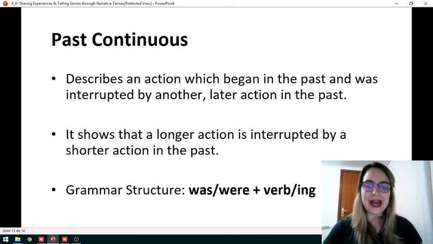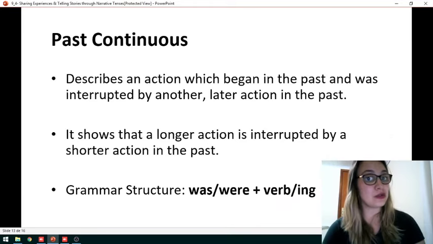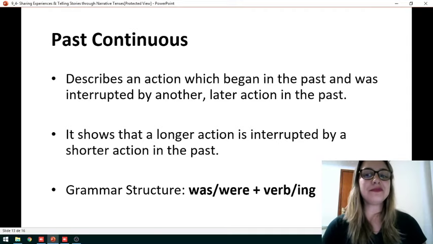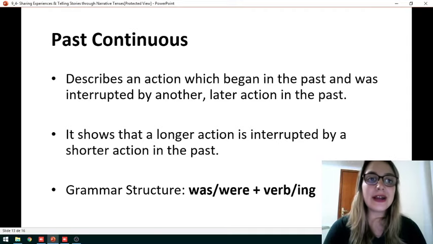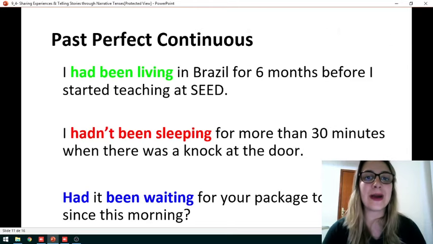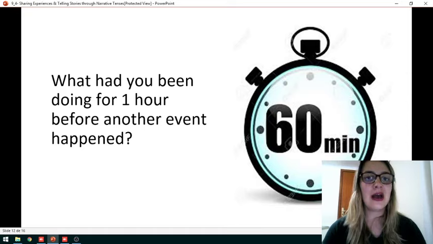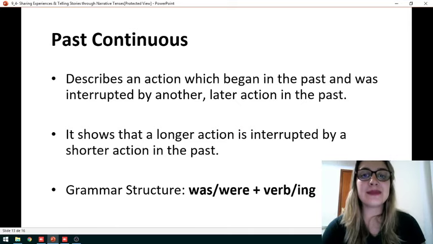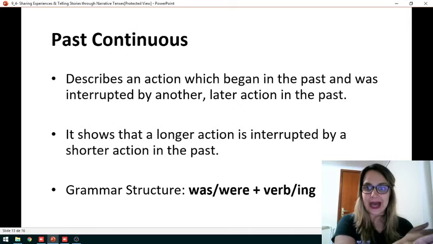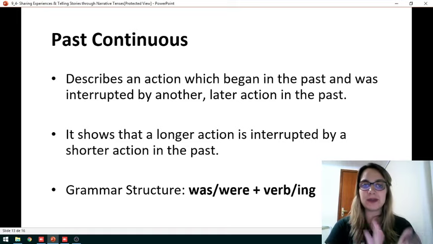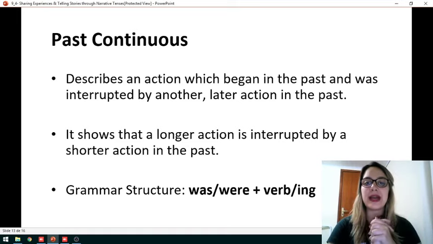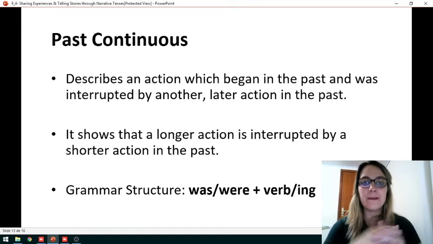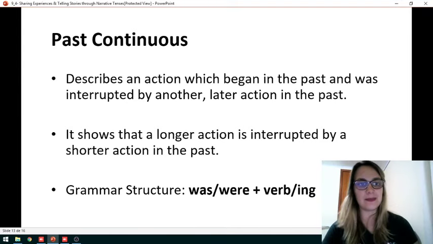All right. Now let's look at the past continuous. This is very similar to what we just talked about, which was the past perfect continuous. Let's see exactly how these are different. The past continuous describes an action which began in the past but was interrupted. It was momentarily stopped by another, later action in the past.